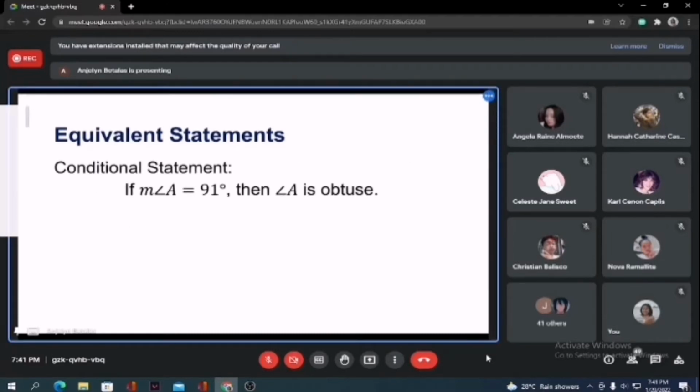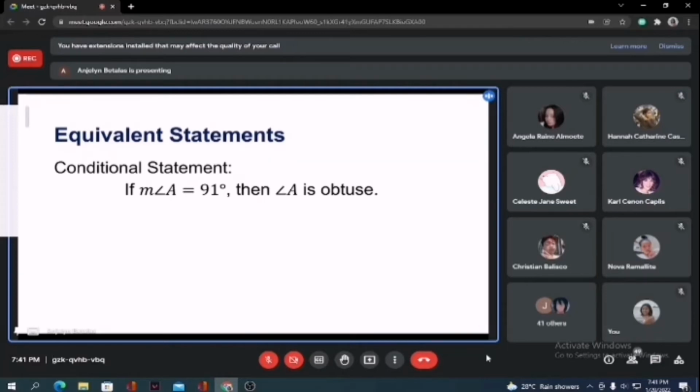Okay. If the measure of angle A is 91 degrees, then angle A is obtuse. You are given a conditional statement.